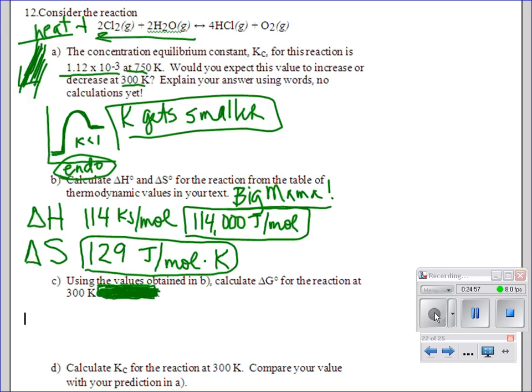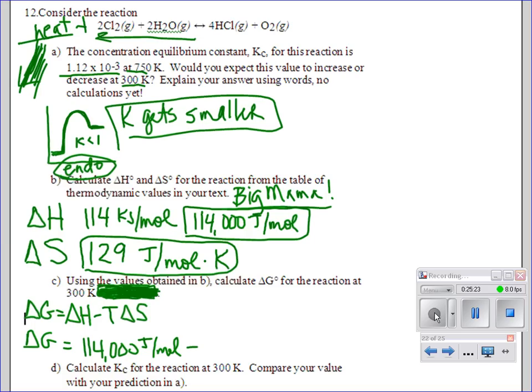So if I need to find delta G at 300, what do I need to do now? Ghetto homies, using my above information that I just solved for. And it's going to be nice and easy since I did convert everything to joules. So my delta G is equal to my delta H of 114,000 joules per mole minus my temperature, we're doing it at 300, times the S of 129 joules per mole Kelvin.